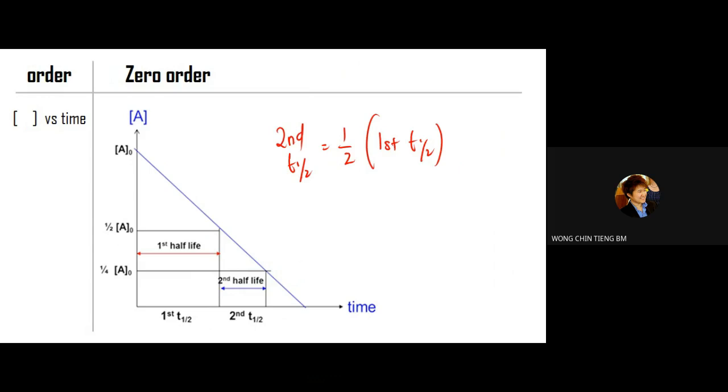Okay? Alright? So, if you look at your question 10 and 11, both are simple questions, but to make you as a practice, I want both linear and half-life curve.